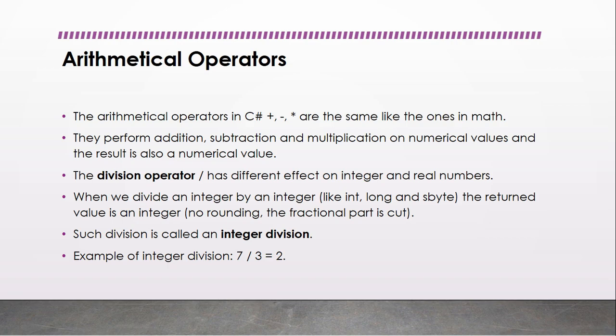Arithmetical operators in C# are similar to the ones in mathematics, for example plus, minus, and multiplication, but division has a different effect on integer and real numbers, so there is a difference in the division operator between maths and C#.